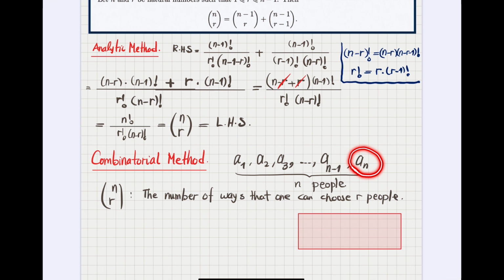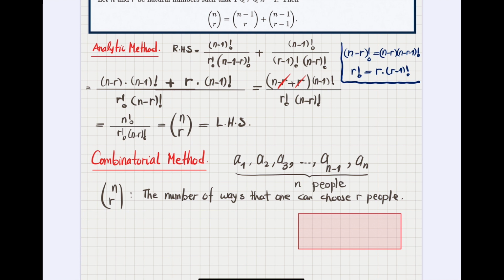So in this choice of r people, there are two possibilities regarding this last person. For example, what are the possibilities? He's chosen and he's not chosen. Yes, exactly. So this is clear.